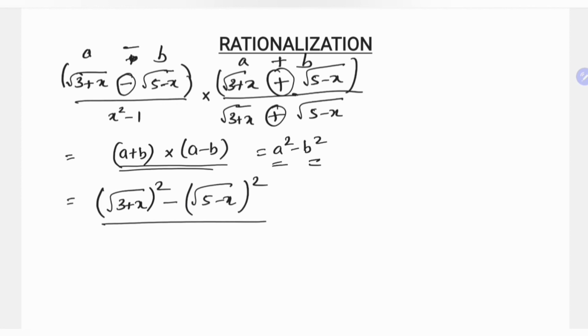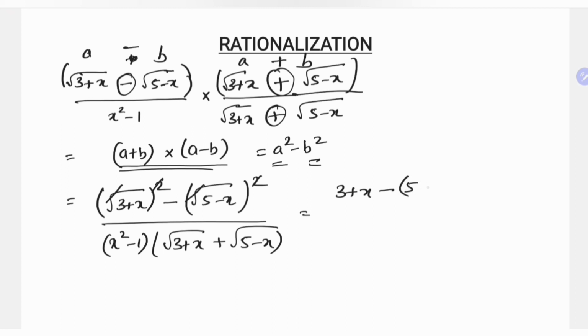Now, let's put the denominator as is: root 3 plus x plus root 5 minus x. Now, we will get this cancelled here because square and square root will get cancelled. So this is where it gets simplified. So we are going to get 3 plus x minus 5 minus x. Don't forget the brackets here. So you'll have x square minus 1 and 3 plus x plus 5 minus x.